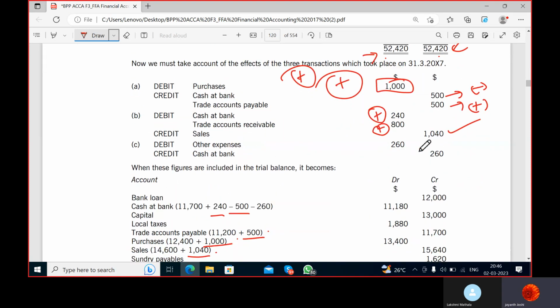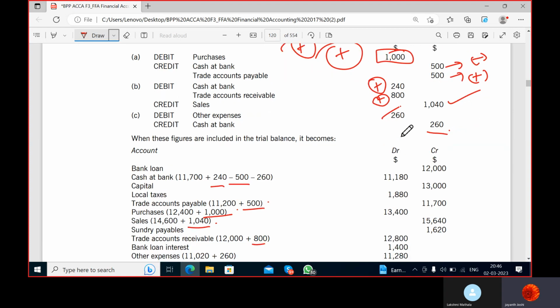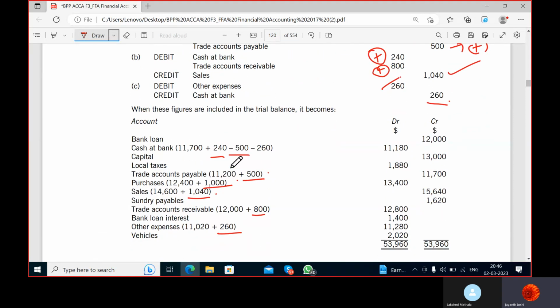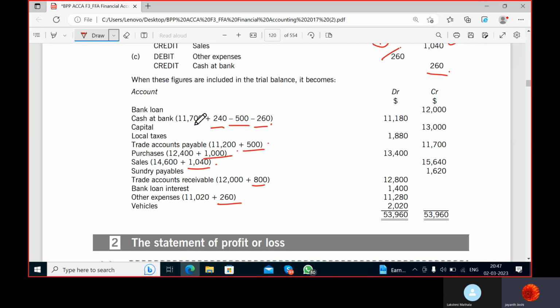And other expenses 260, I'll deduct 260 from cash because it's credit. Whenever I write an asset in the credit, it's decreasing, and expenses increase in the debit, so I'll add 260 to expenses and subtract 260 from the cash. Okay, and then you have these balances after doing all these adjustments, and see the balances are tallying. Please check this, we'll move forward.